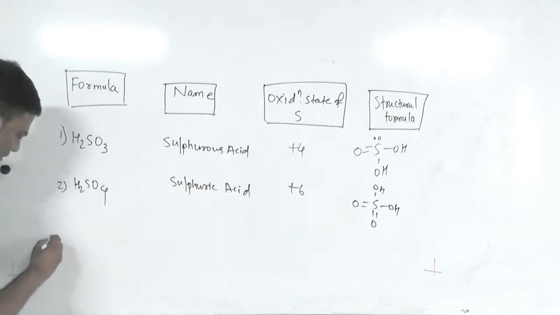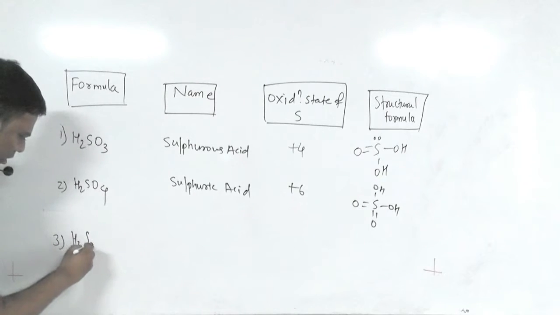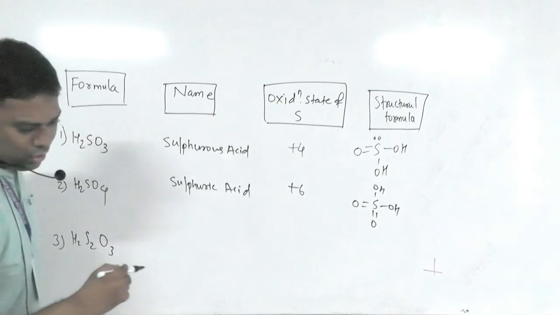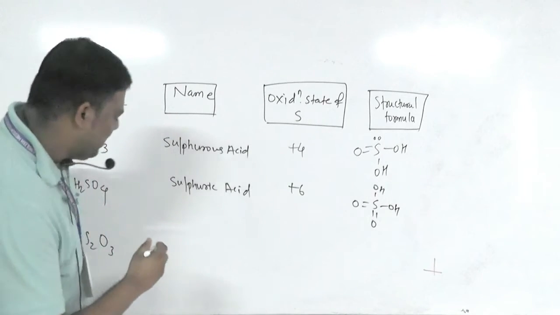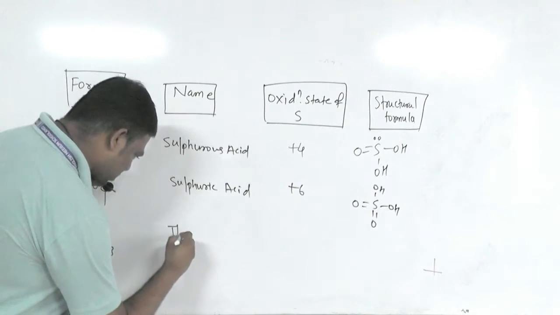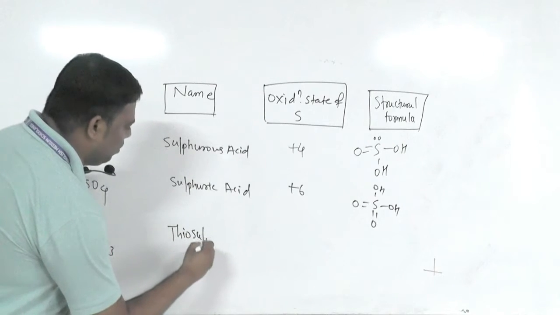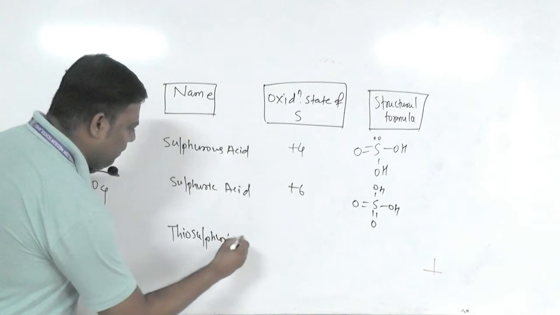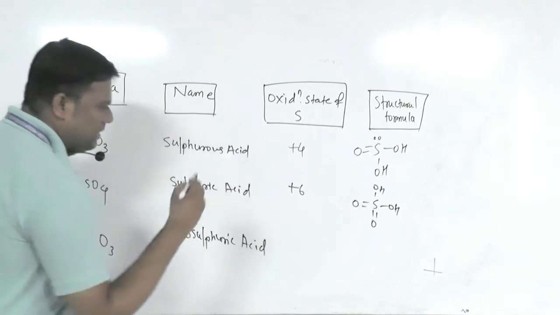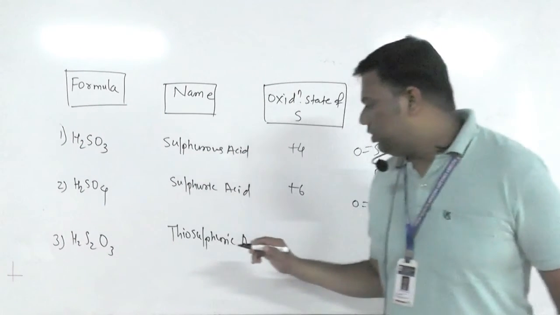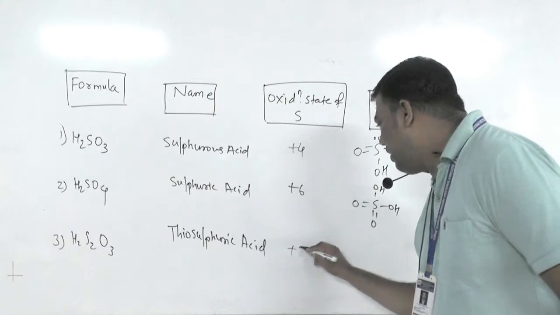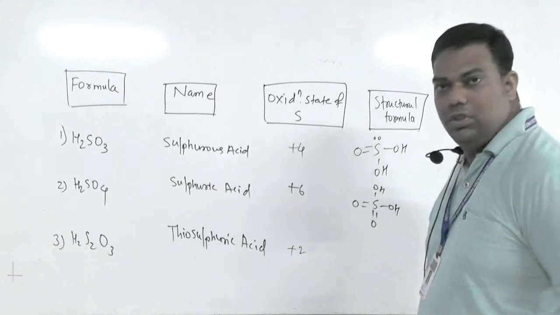See your next one, that is H2S2O3. The third one, H2S2O3, we call thiosulfuric acid. In this thiosulfuric acid, the oxidation number of sulfur is +2.